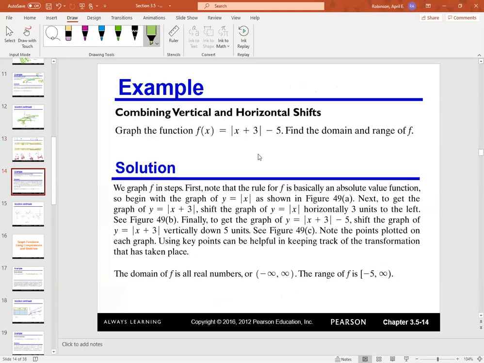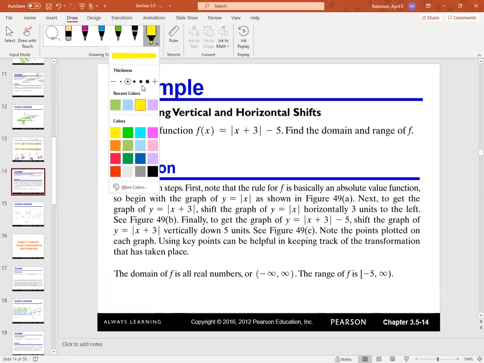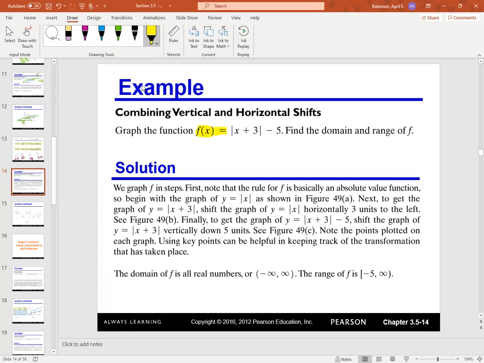Okay, and now they give you one example where they put the two together, where it's going to shift both vertically and horizontally. Now, when I look at this, what I see is f of x equals the absolute value of x, and I see a plus 3 and a minus 5.